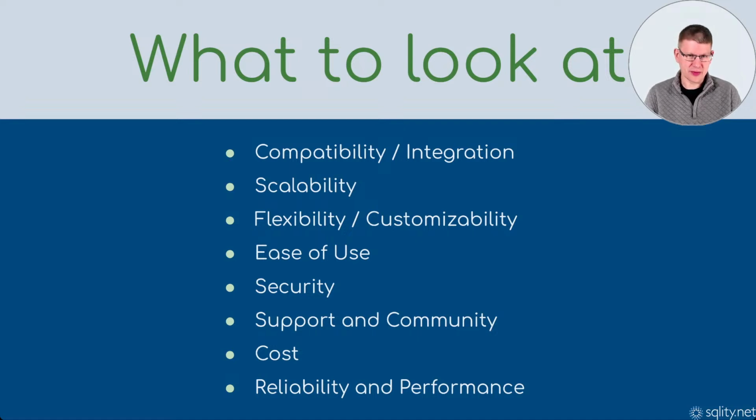Performance we already talked about under scalability, but reliability, well, if your automation server is not reliable, then you're losing the quick feedback that you're promising your developers, the short feedback loops.